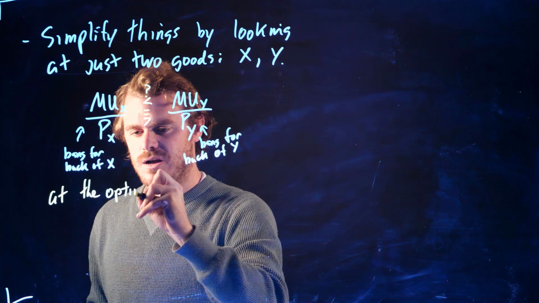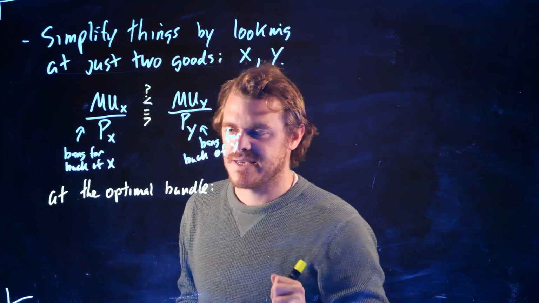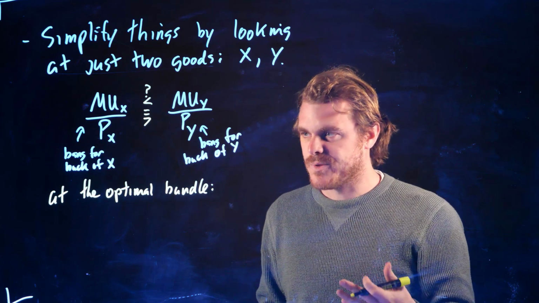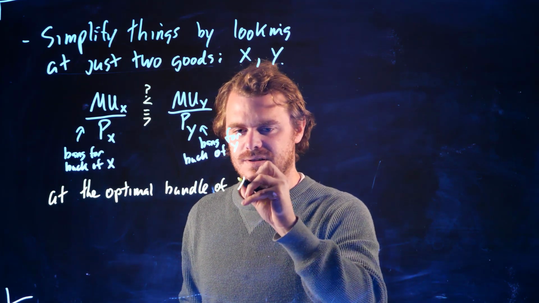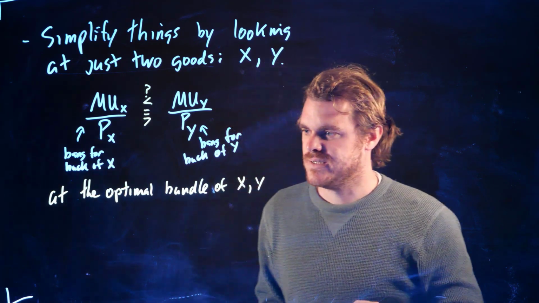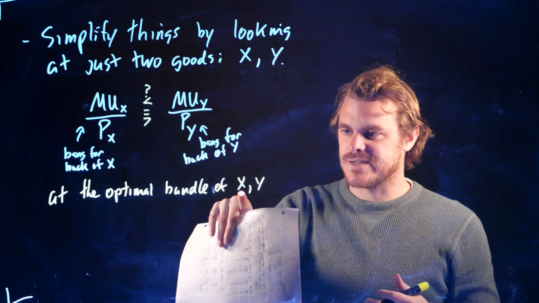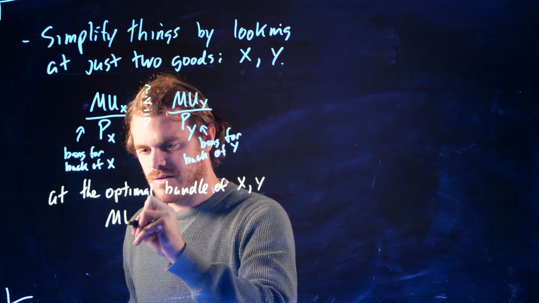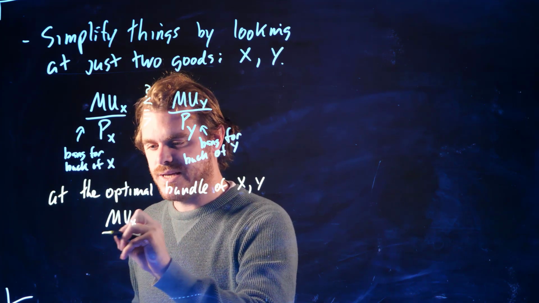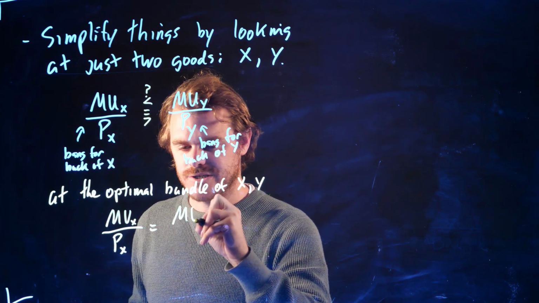At the optimal bundle of good X and Y, so the optimal number of purchases and consumption of good X and Y, we're going to have an equality between these bang for your buck equations.